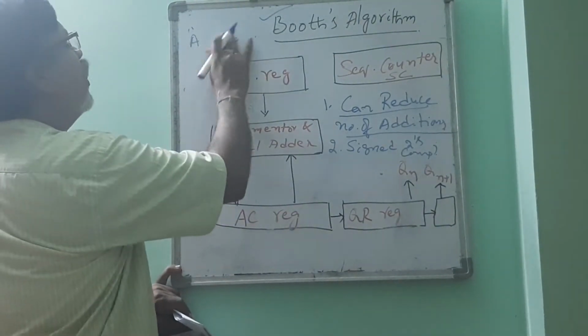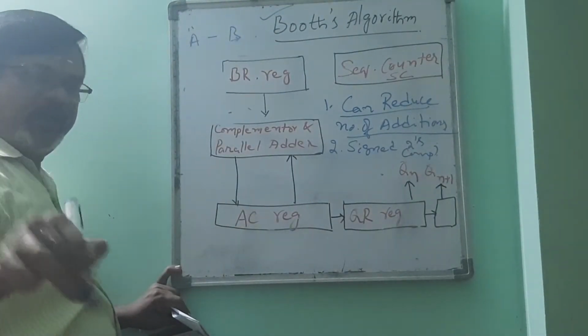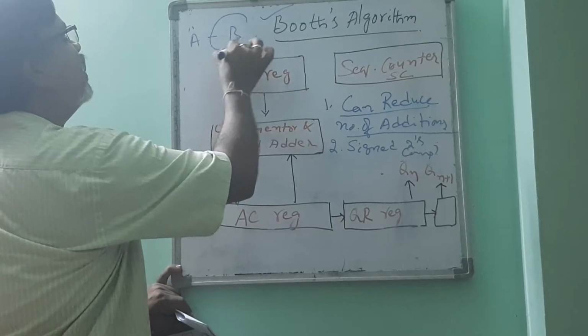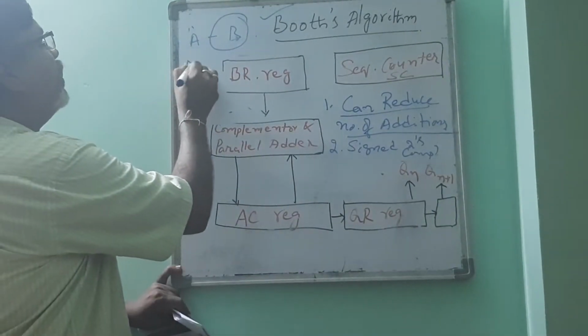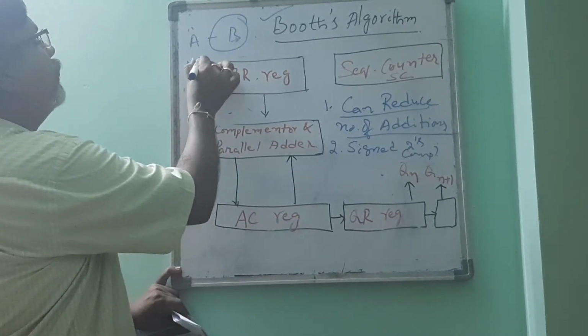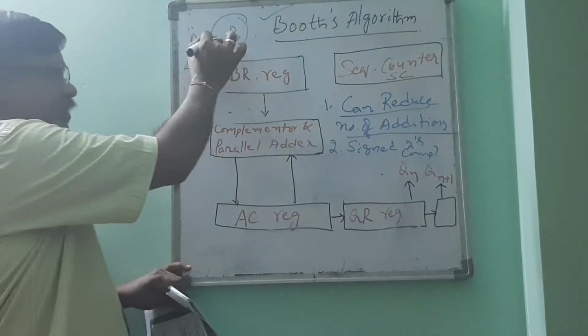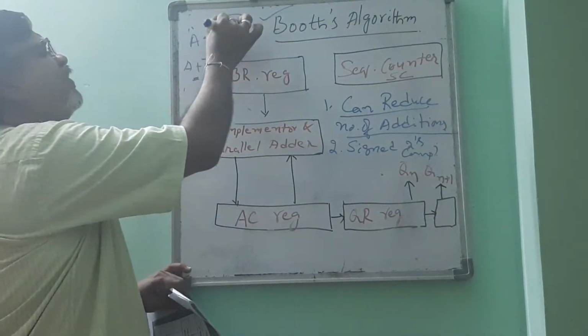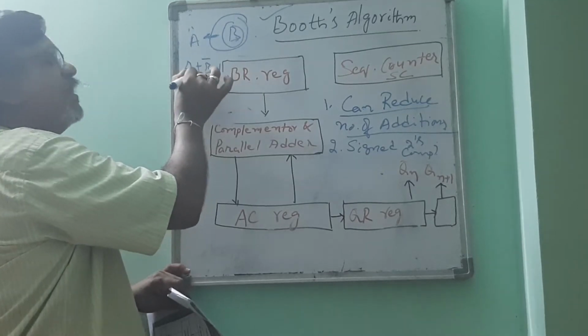But for a minus b, we convert b into its equivalent 2's complement and perform addition. Here also it is addition, but the 2's complement of b is added. So there is no subtraction process there.